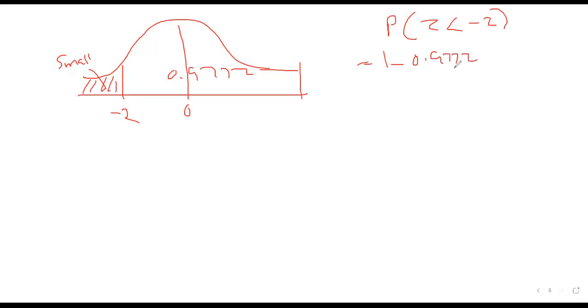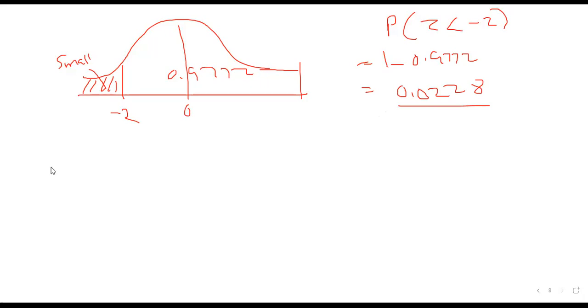The difference is what we call the probability that will remain. So 1 minus 0.9772, we're going to get 0.0228. That is what we are doing here. All right.